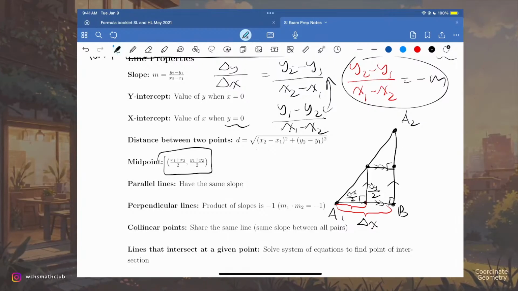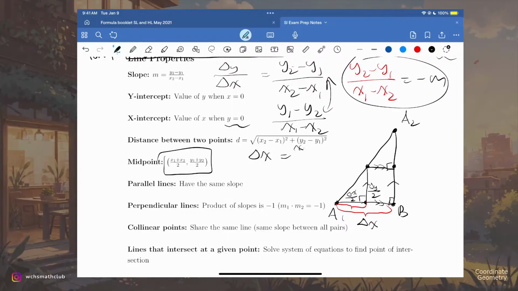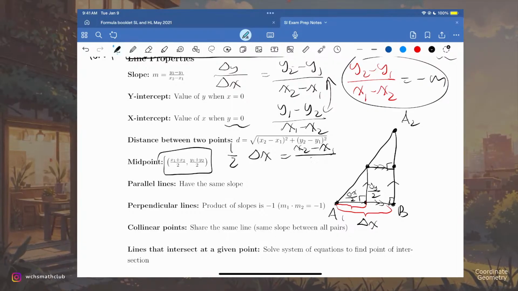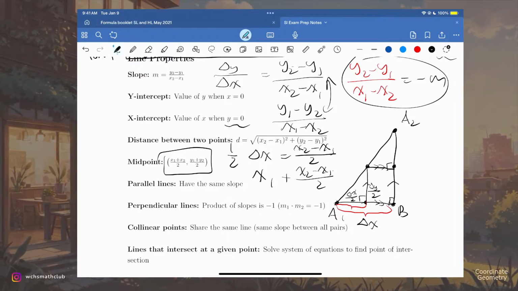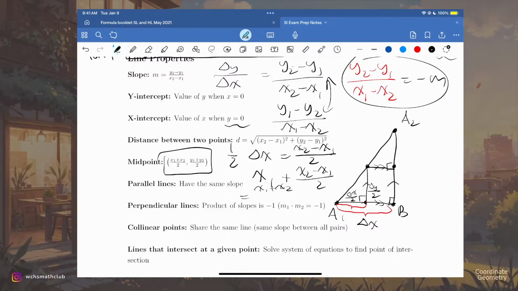And we can compute explicitly that delta x equals x2 minus x1. So half of delta x equals (x2 minus x1) over 2. And then we have x1, which is the x coordinate of A1, plus 1 half delta x, which is (x2 minus x1) over 2, is equal to (x2 minus x1 plus 2x1) all over 2, which is equal to (x1 plus x2) over 2.